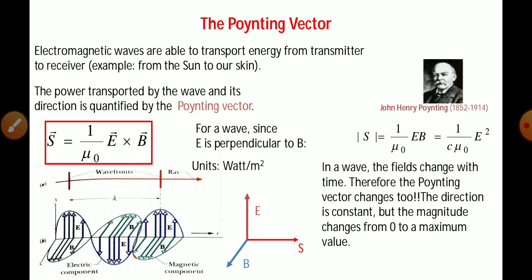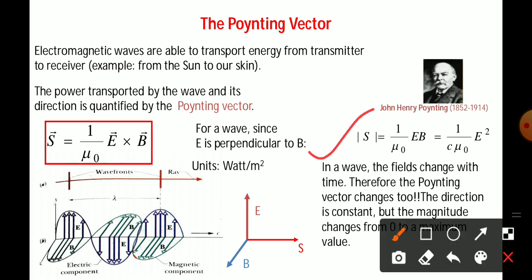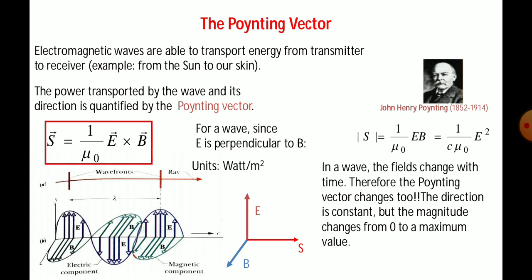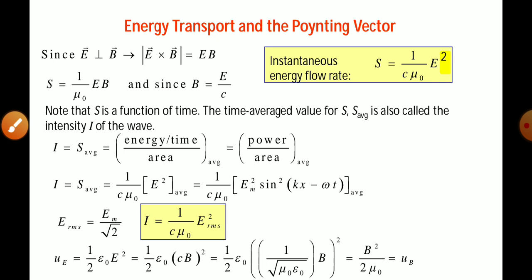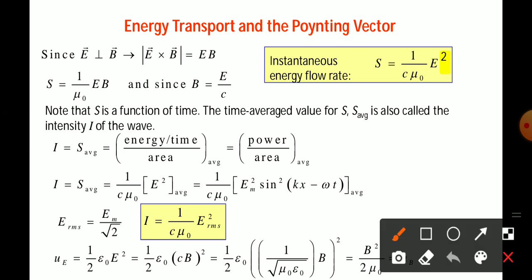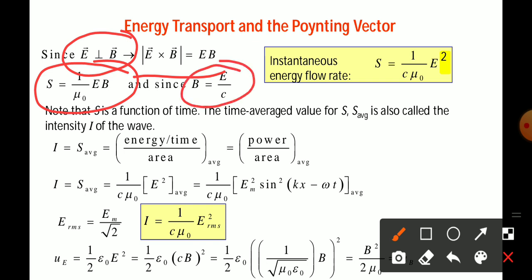The Poynting vector expression is as I told, and the magnitude of S is also defined. How? For this you have to follow this way. Because E and B are perpendicular to each other, the cross product value will be the magnitude of E times B. So S can be written as 1 by mu 0 of E into B, because the S vector is defined as 1 by mu 0 E cross B. And we also know that B is equal to E by c.